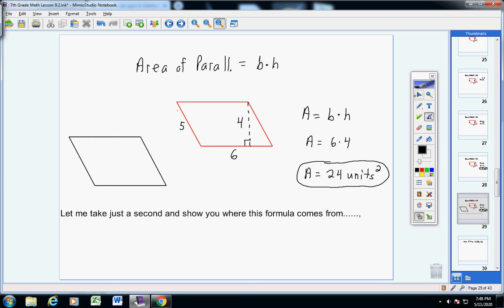There. Now, pretend I drew a line here, okay, and then here, and then here, okay, and pretend I took a knife and I cut off the edge of this parallelogram, and I cut it off and I put it over here, okay.